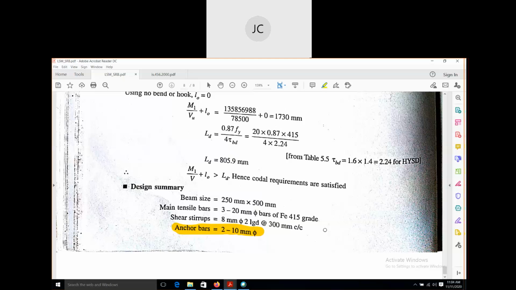And also we are providing stirrups or shear reinforcement. So can the tension bars hold the shear reinforcement? No, sir. That means these anchor bars, where will we provide them?